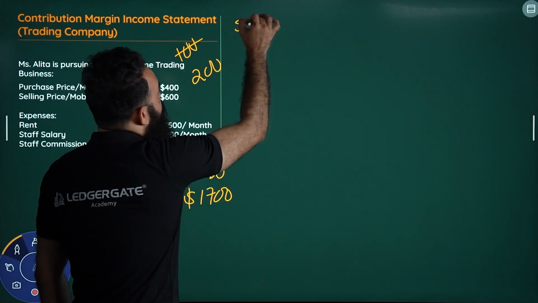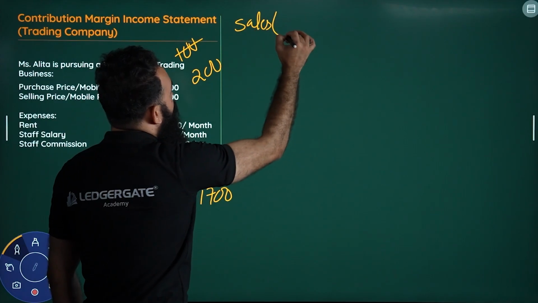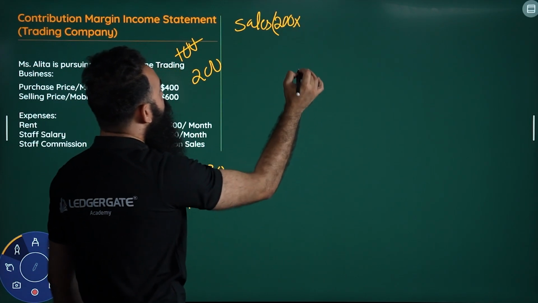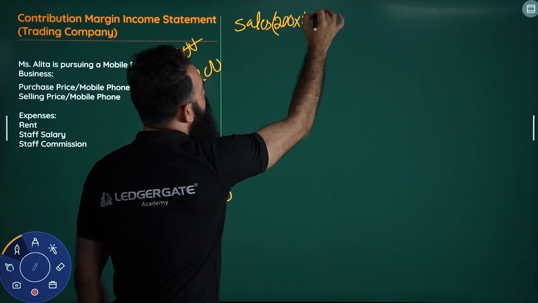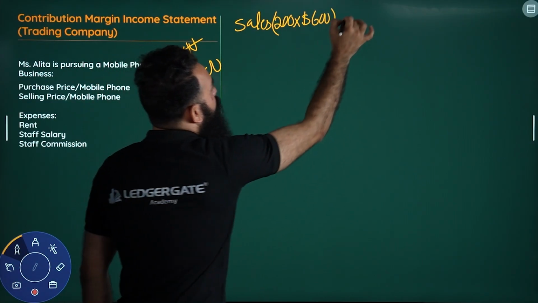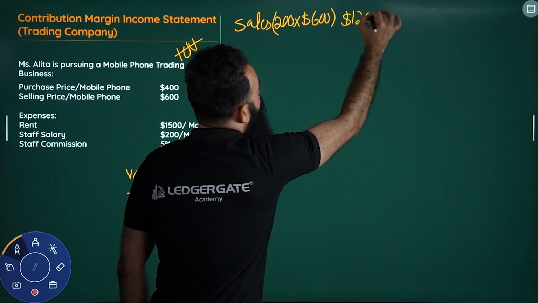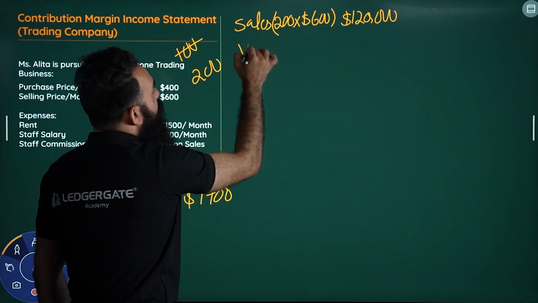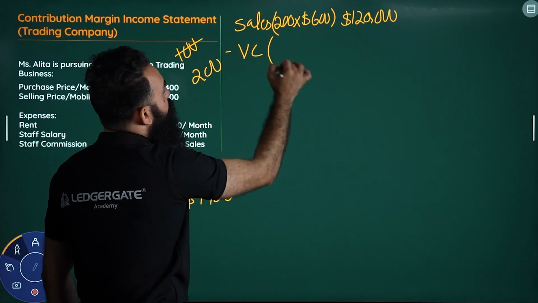Here, as we know, we'll start with sales. Our sales would be $200 into $600, so our sales would be $120,000. Now it's time to deduct variable cost from this.